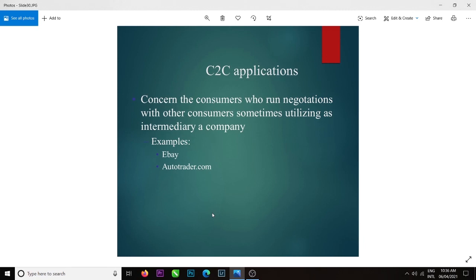Then C2C applications are consumers who run negotiations with other consumers, sometimes utilizing an intermediary. An example is eBay. eBay is one platform where it will buy the goods from the companies and keep the goods on the internet and make them ready for customers. It is a consumer and it is also made available to the consumers.